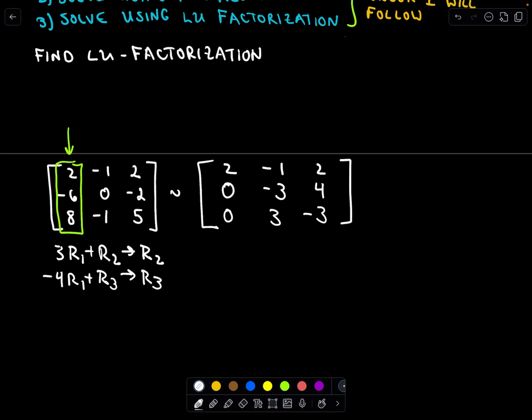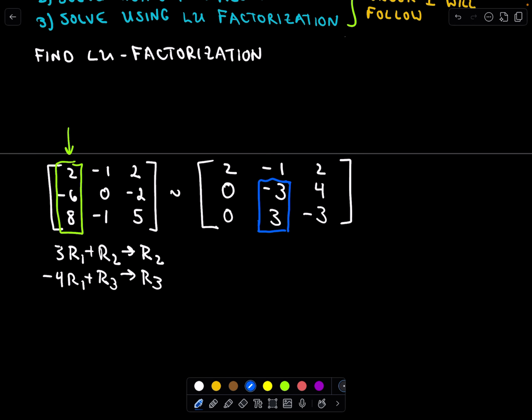So far so good. Now I want to keep up this process, so I want to keep trying to get to echelon form. So now I'm looking at this second column. Now it's going to be important, eventually I'm only going to look at the bottom 2 entries. I'm going to take those here in a second, and you'll see. But again, I just want to put this in echelon form.